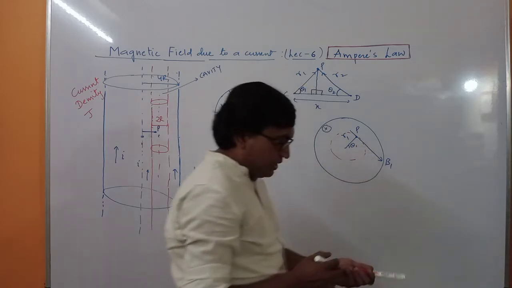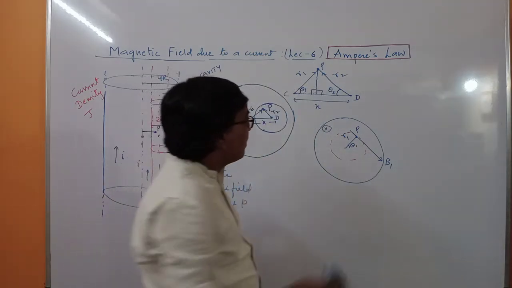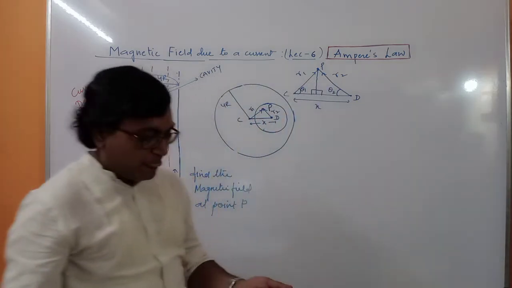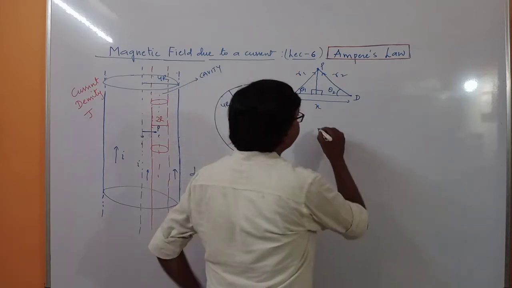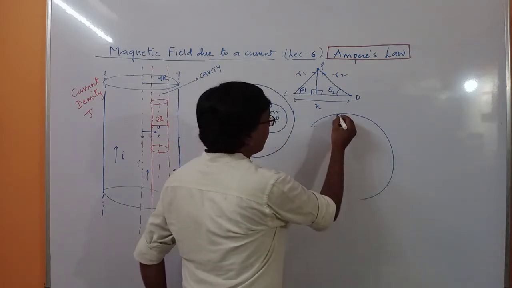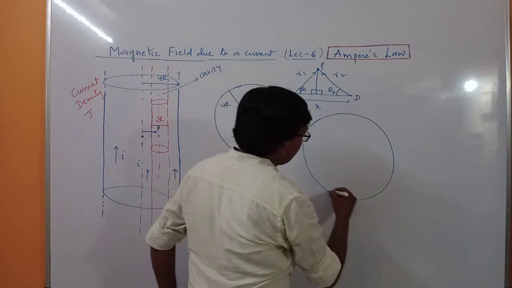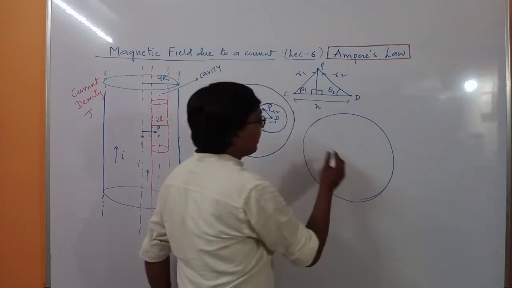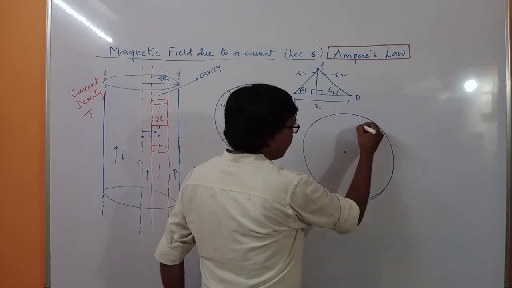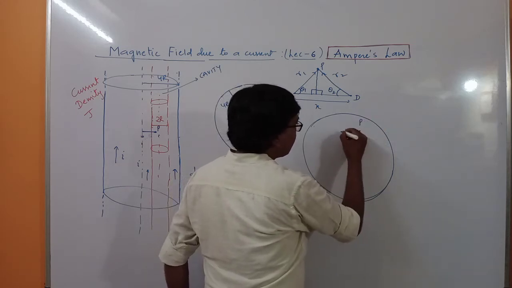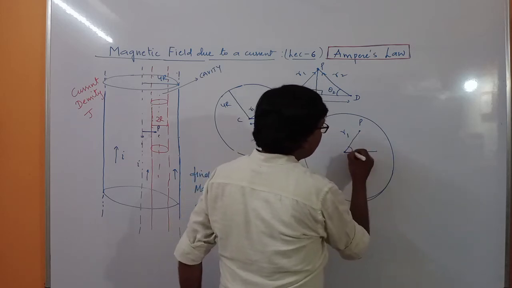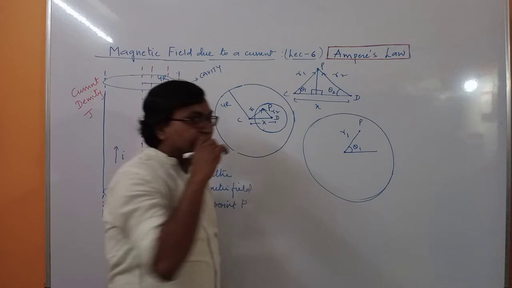Let us take it a little bigger, you are not able to see it. Okay, so this point, let us take here P1. This is R1, making an angle theta 1.